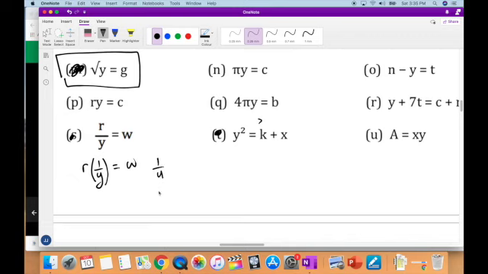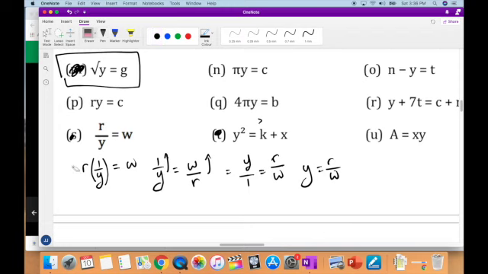So 1 over Y is equal to W divided by R. Then you could flip the 1 over Y, but you'll have to flip this one too. So therefore Y over 1 is equal to R over W. Hence Y is equal to R over W. You understand?